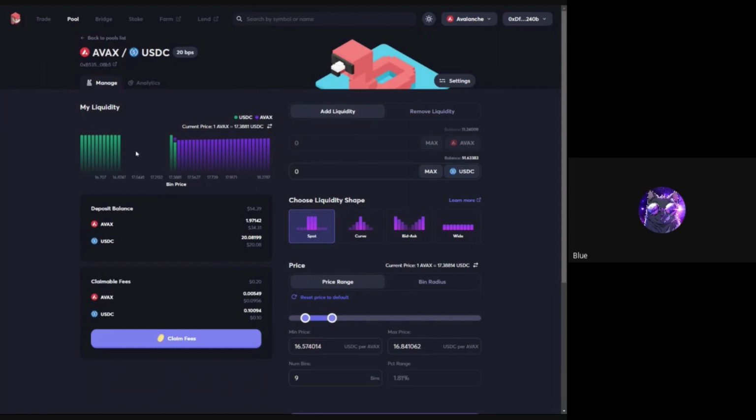I've removed part of that because I'm expecting a stronger retrace, and maybe I want to add that liquidity I've removed on top of the back end of my liquidity shape. So I've removed a bunch of USDC, and I'm going to add that pretty much on top of the liquidity I've got on the far range.